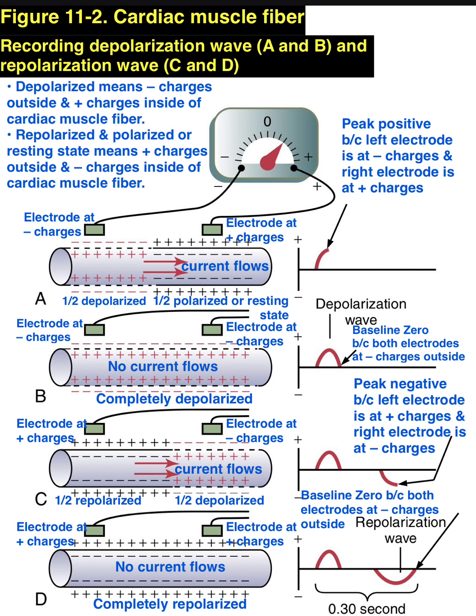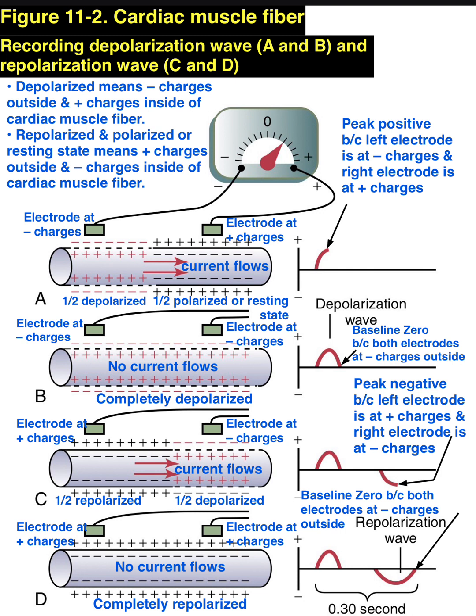Cardiac muscle fiber is represented by cylindrical tube A, B, C, and D. Right side of the cylindrical tube is showing depolarization and repolarization waves in formation. On the left side of the meter, I have described some basic principles of this figure.